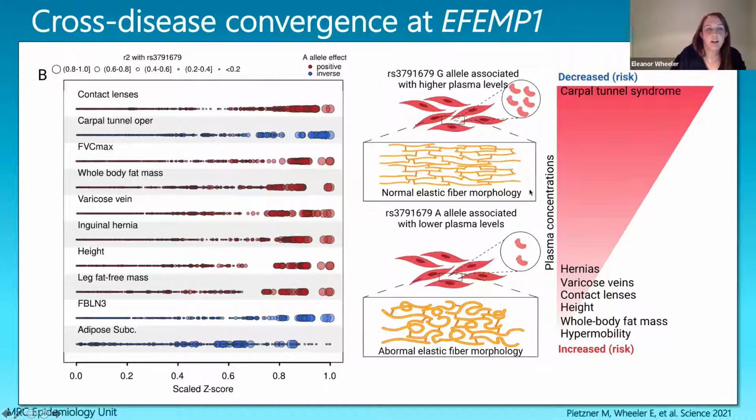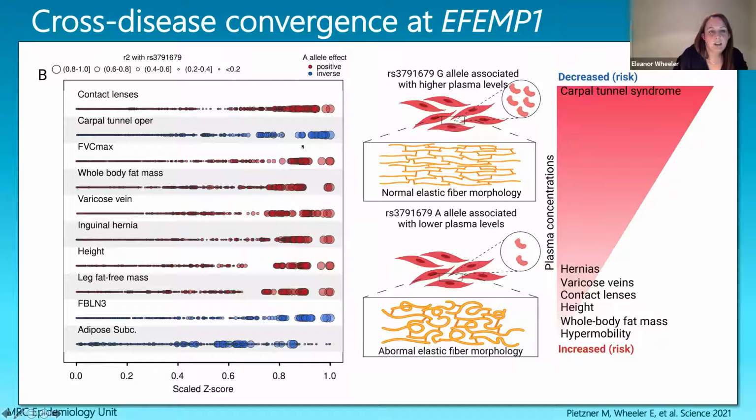This figure on the left illustrates another way, rather than the stacked regional plots, to look at multiple phenotypes in a more compact way. Along the x-axis, we have the scaled z-score for the association between the genetic variant and the trait, so to the right here is more significant.